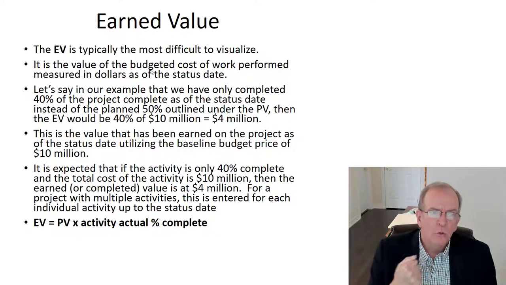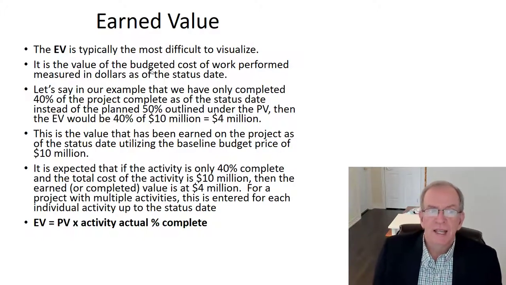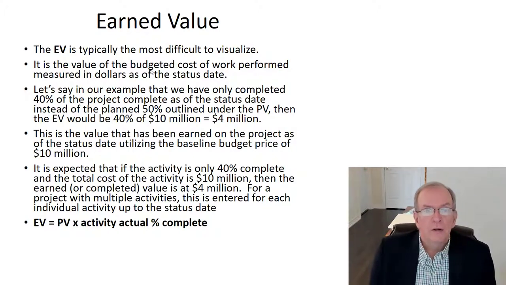In our example, it's the value of the budgeted cost of work performed, measured in dollars as of the status date. We have only completed 40% of the project as of the status date, instead of the planned 50% outlined under the PV. Then the EV would be 40% of 10 million, which gives us a result of $4 million.